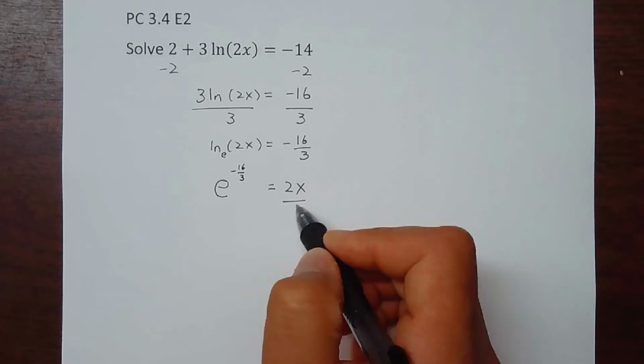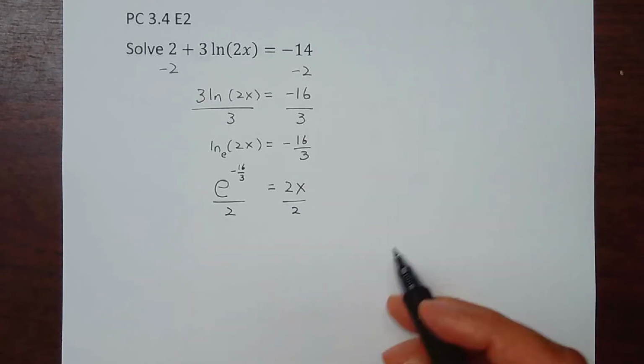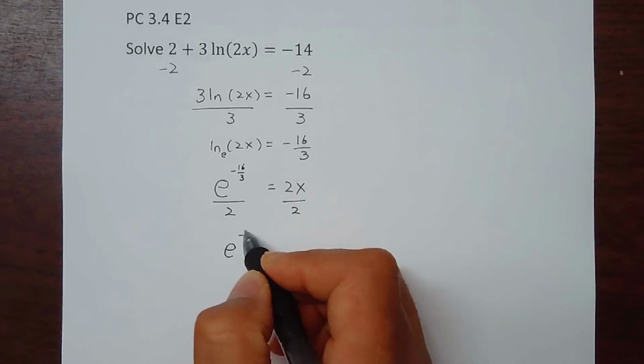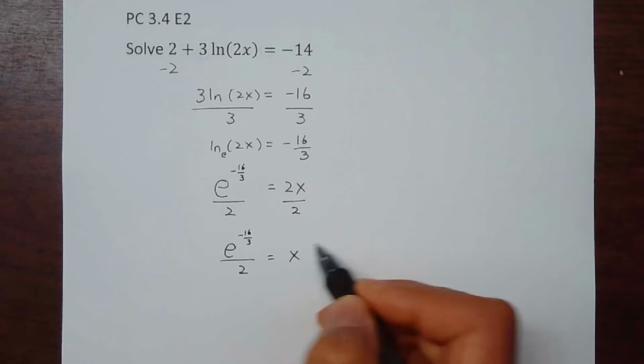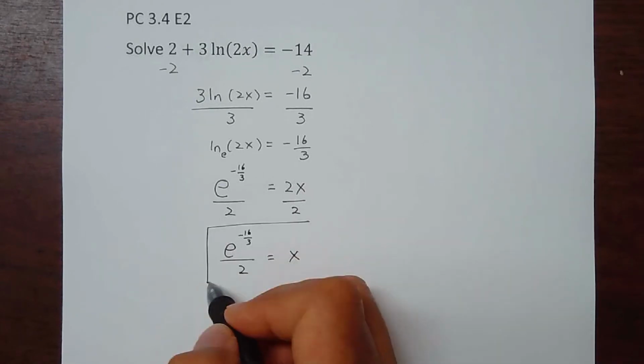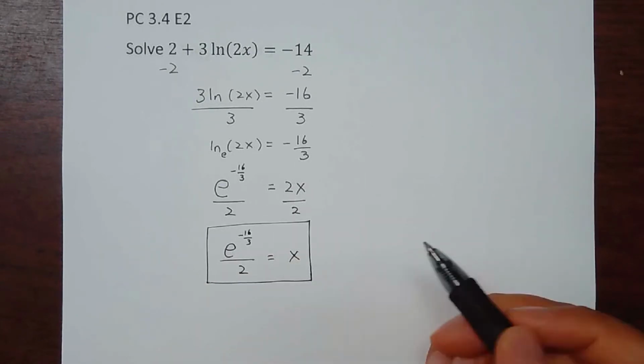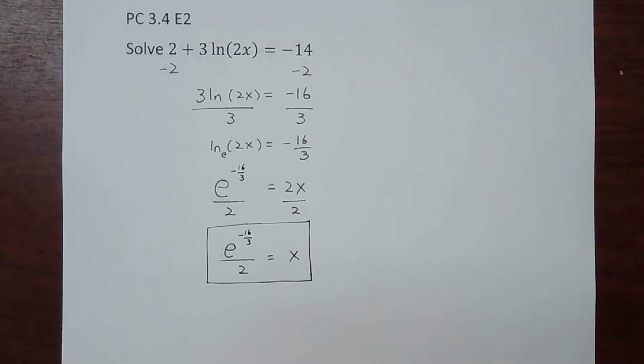Solving for x, divide by 2 both sides. e to the minus 16 over 3, all over 2, equal to x. That will be your final answer. Again, if you need to get equivalent decimal value, you can just type this expression into calculator.